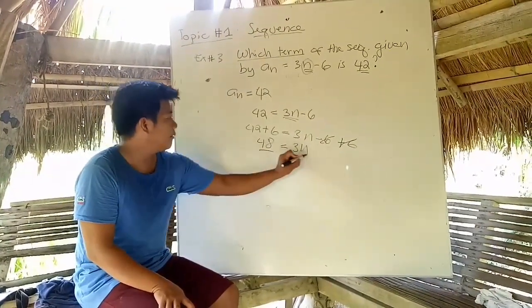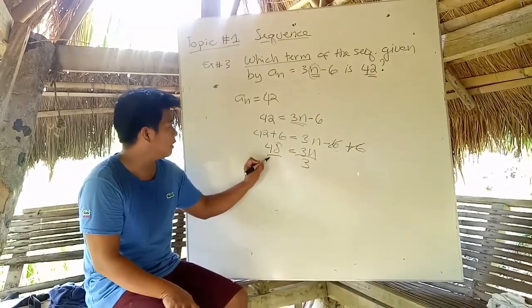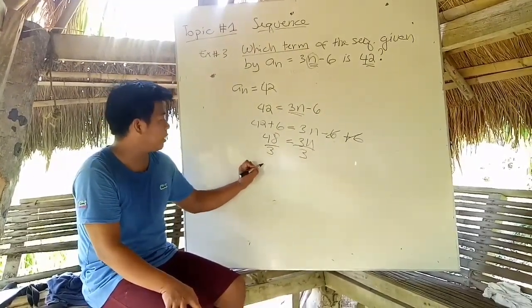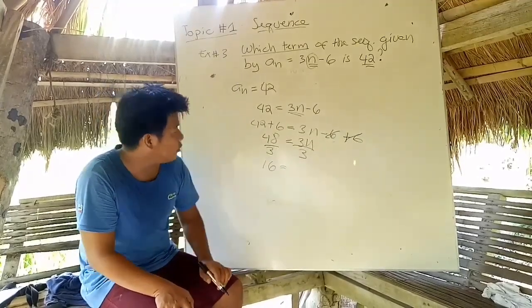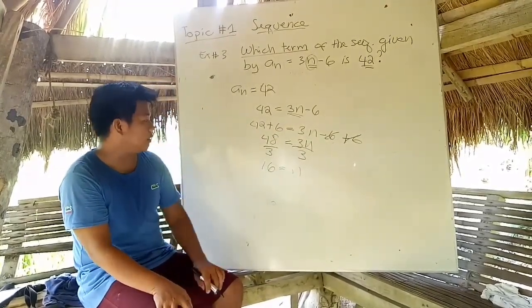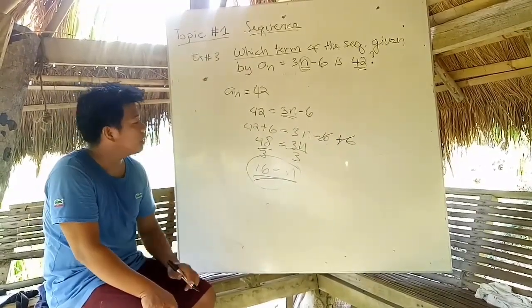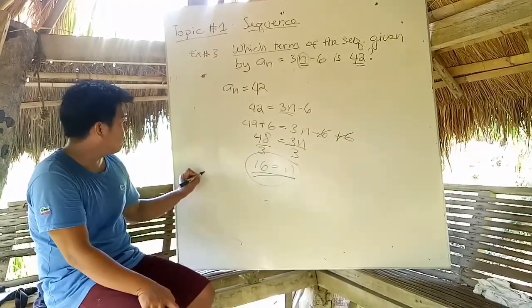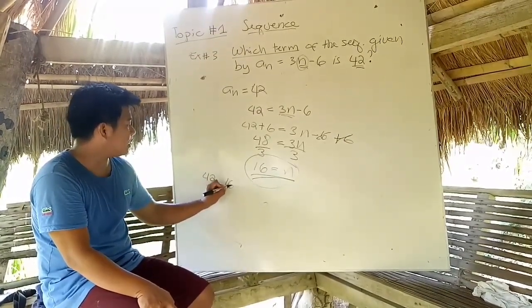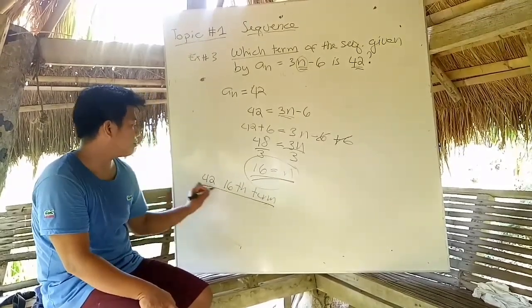Then divide both sides by 3 to get the value of n. 48 divided by 3, that is 16. So 3n over 3 is n. What do you mean by this? n equals 16. Meaning 42 is the 16th term.